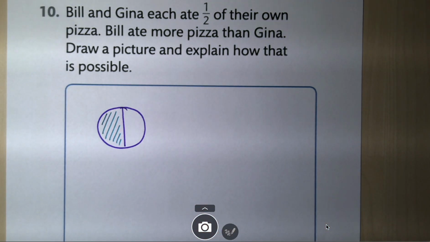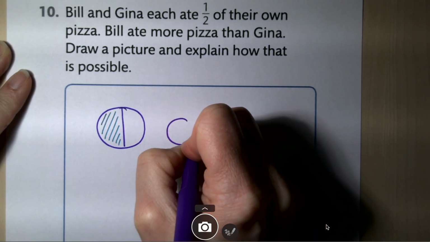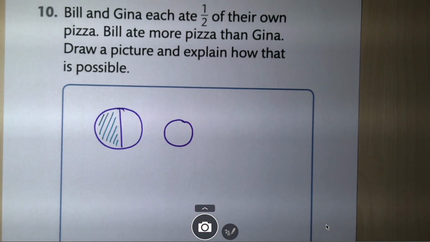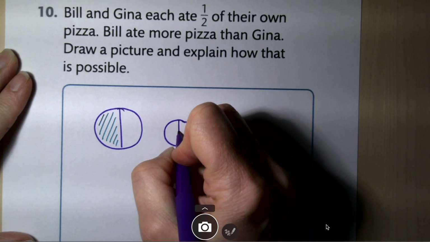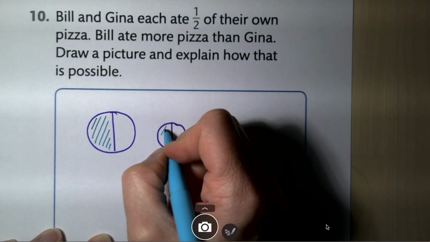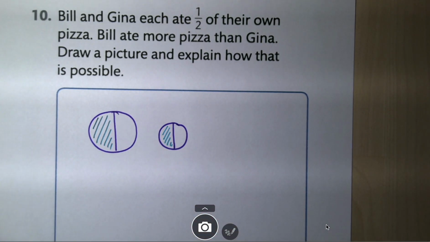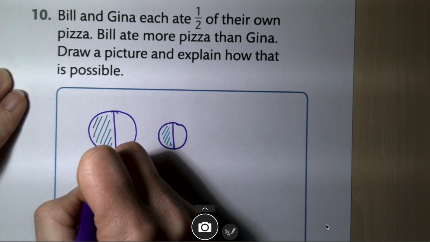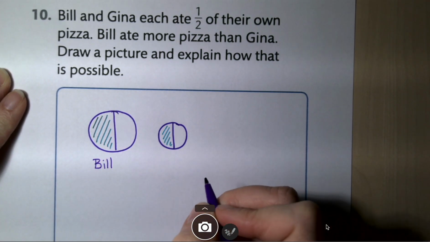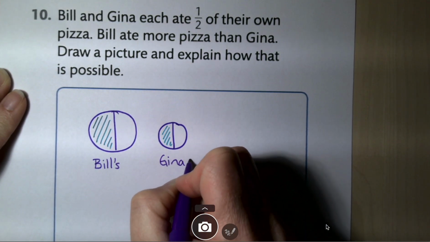Well, if Bill ate more than Gina, then her pizza must have been smaller than Bill's pizza because she also ate half of her pizza, but never does it say that the pizzas are the same size. Okay. I'm going to label these. This is Bill's pizza, and this is Gina's pizza.